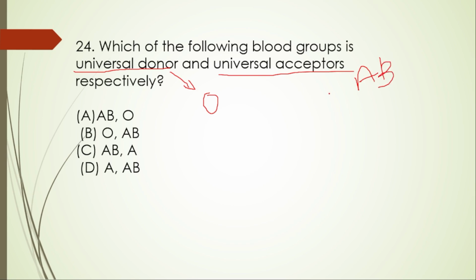People with type AB blood group can receive blood of any type. But for universal donor, people with type O negative especially can donate red blood cells to anyone because their body lacks A and B, and even Rh antigen. That's what here, respectively O and then AB. So the right option is B.